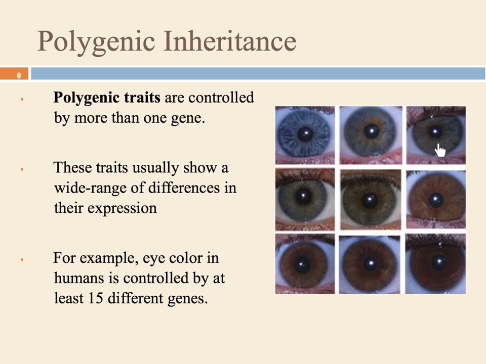So all of the variations that you see on this slide are basically a combination of those 15 genes. And eye color is one, skin color is another. You'll notice all the different hues of individual skin. Your hair color is another, because they're not all red or blonde. There are some differences there. So polygenic traits are traits that are controlled by more than one gene.